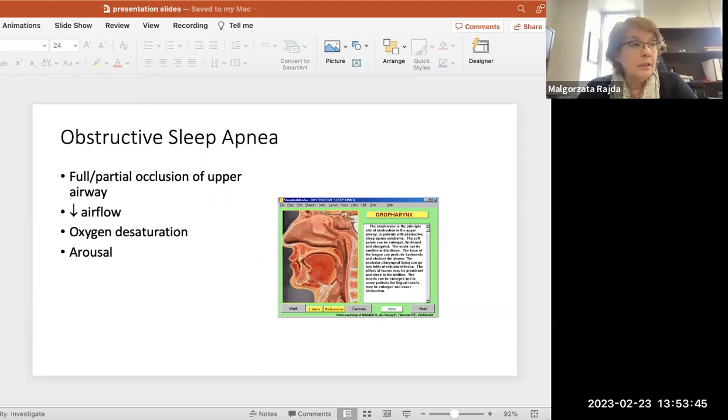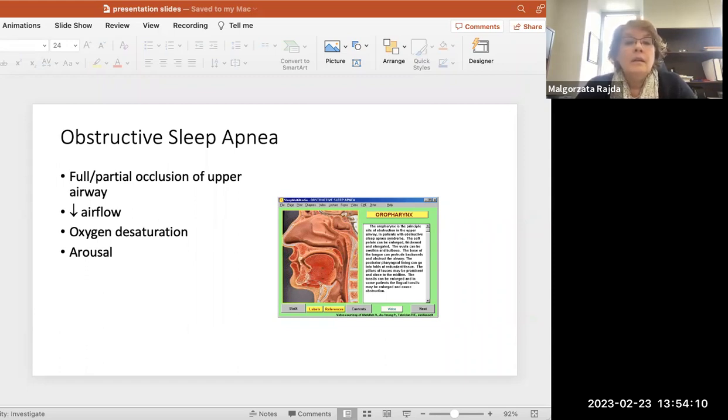Although many people will consider this mostly a respiratory sleep disorder, I will argue that this is highly relevant to psychiatrists. What is sleep apnea? So we distinguish obstructive sleep apnea and central sleep apnea. Obstructive sleep apnea is much more common.